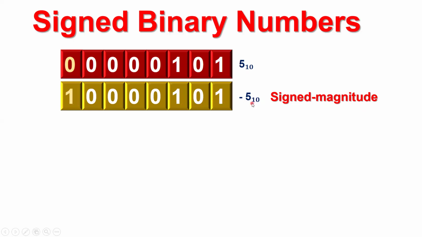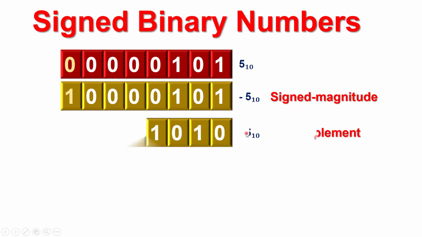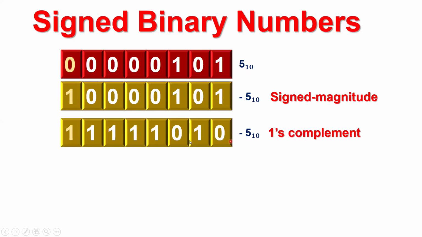How about -5 using ones complement? To do that, you look at this top number, which is the positive number, and all the bits here, you just complement them. So 1 becomes 0, 0 becomes 1, 1 becomes 0, 0 becomes 1, and so on till you reach the MSB.